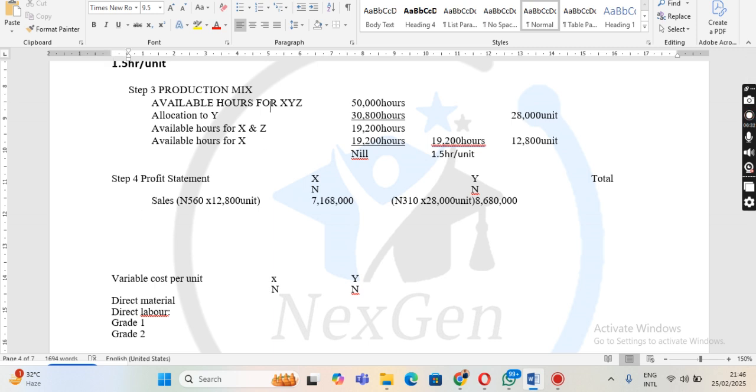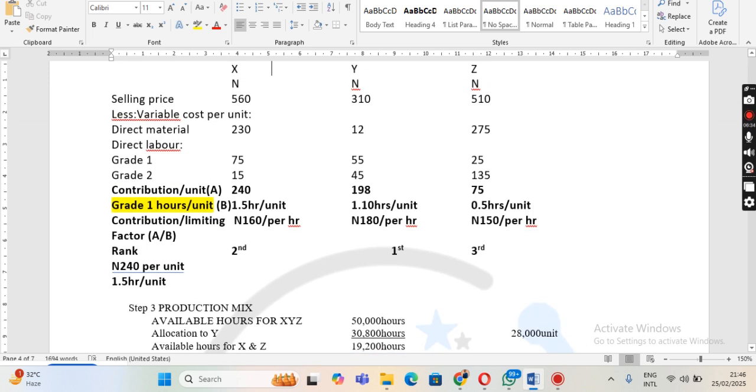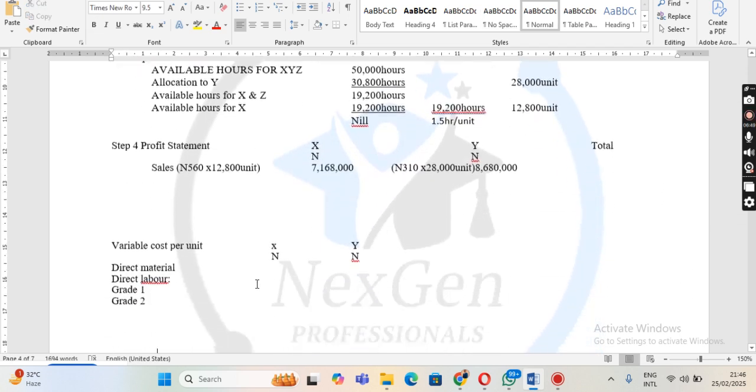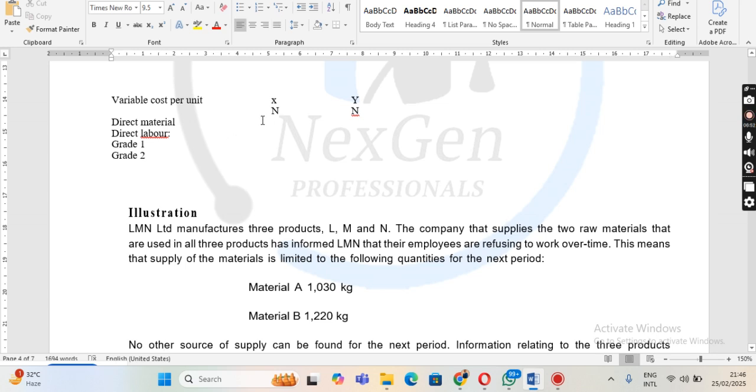What is the unit cost for direct material? Let's quickly check. We can copy all this: X, Y, Z. Please screenshot this quickly. X is 230 for material, and Y is 12.